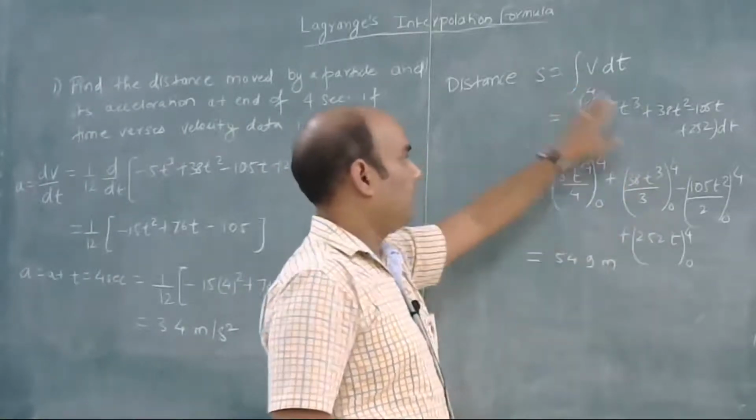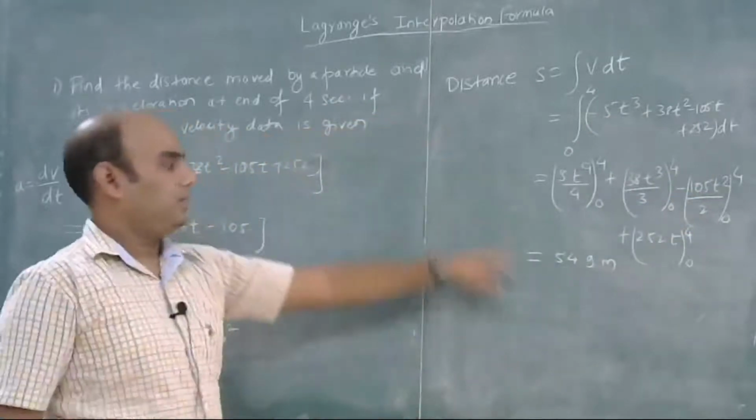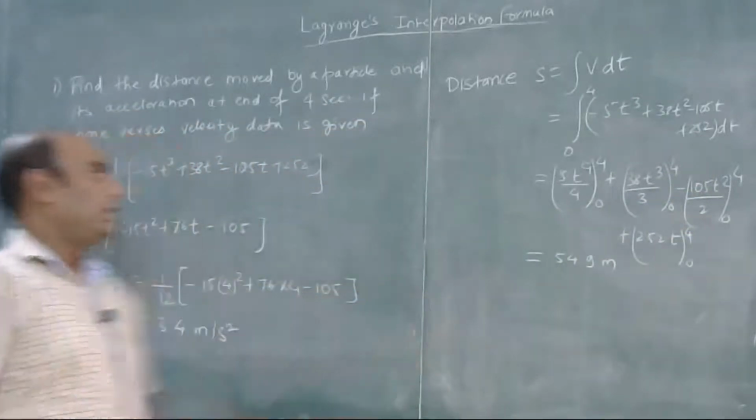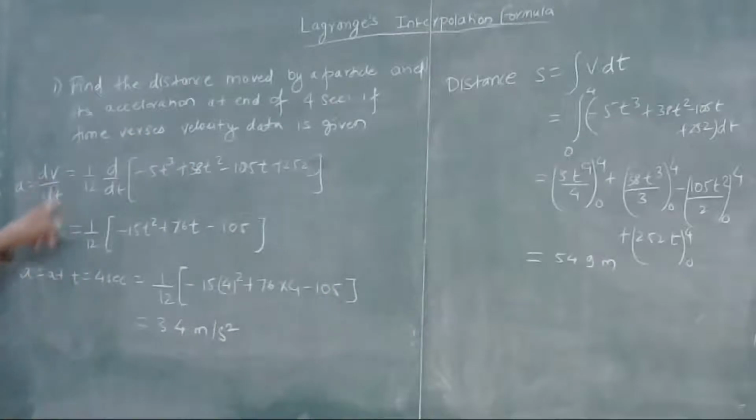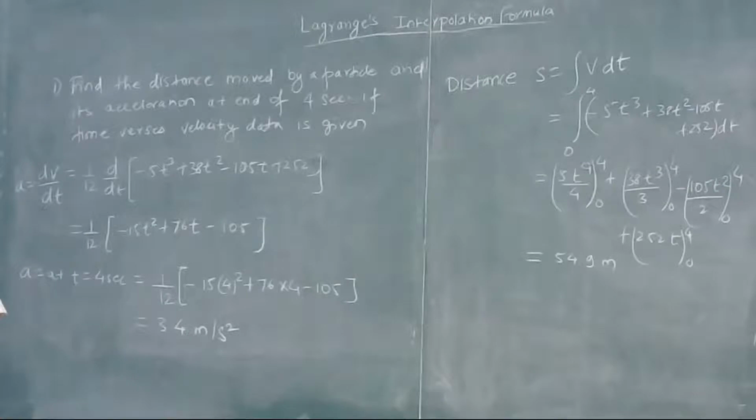So we have integrated the velocity to get the distance traveled, and acceleration is dv by dt. So this is your acceleration at time t, 3.4 meter per second squared. In this manner, you can find the distance travel and acceleration of the particle.